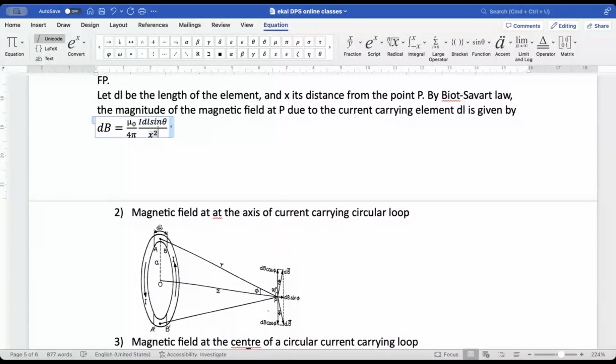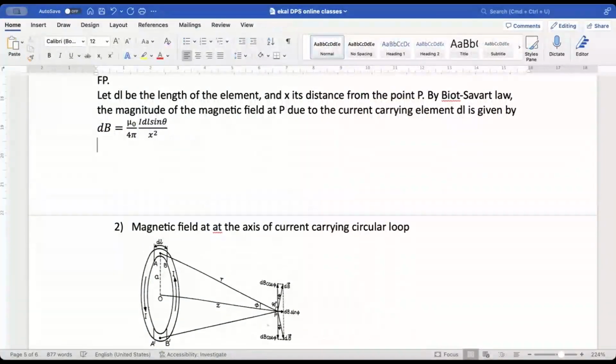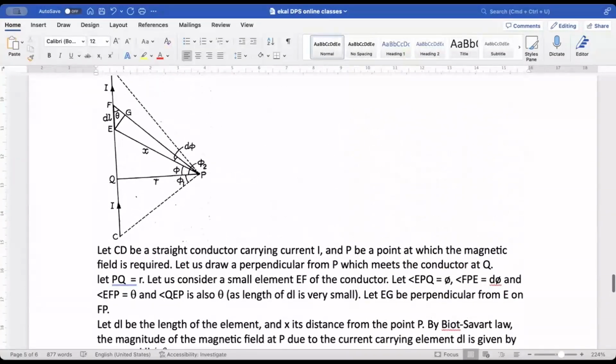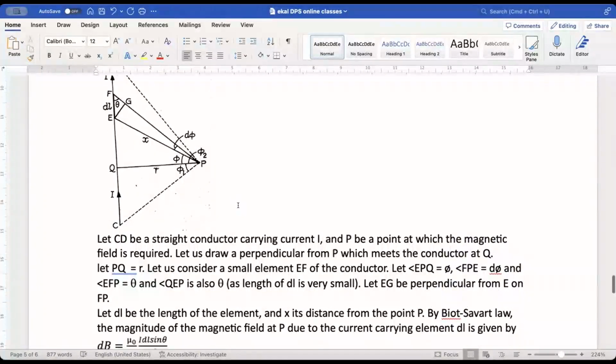Now, from this figure, we know dl sin theta. In this triangle EFG, if we find theta, so length of dl sin theta, so sin theta how much will it be? This is 90 degrees. EG is perpendicular to FP. So angle at G is 90 degrees. So this is theta. So sin theta will be EG upon FE, or EG upon dl.